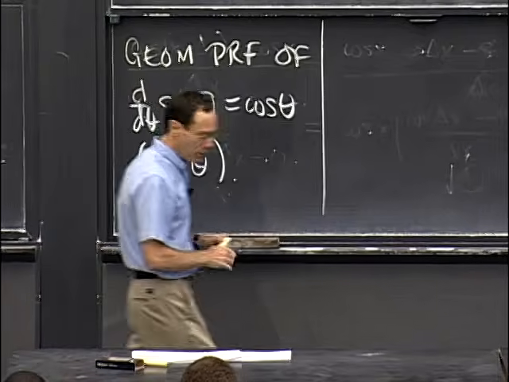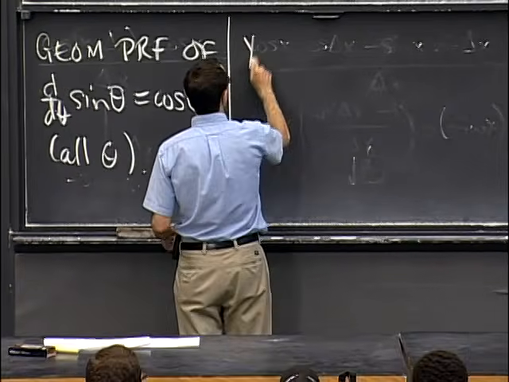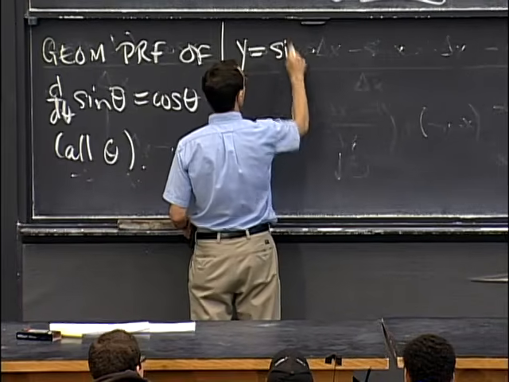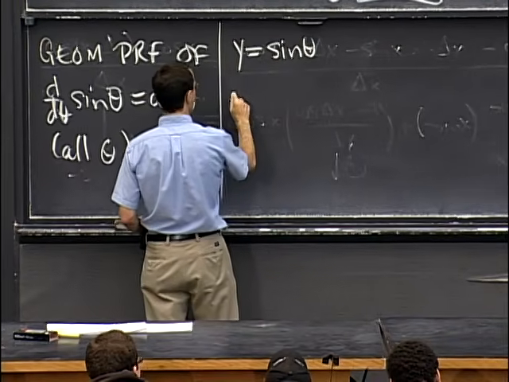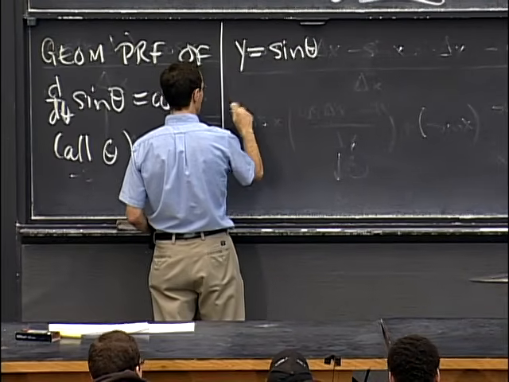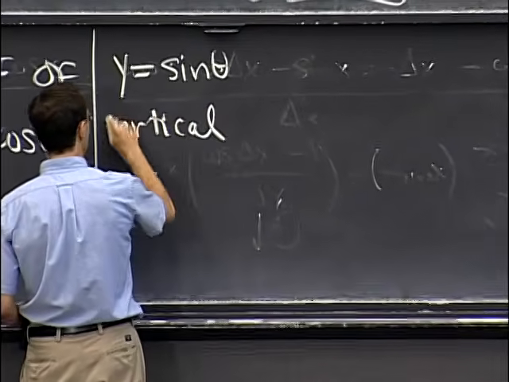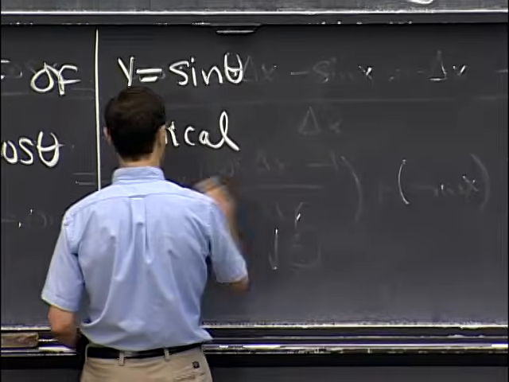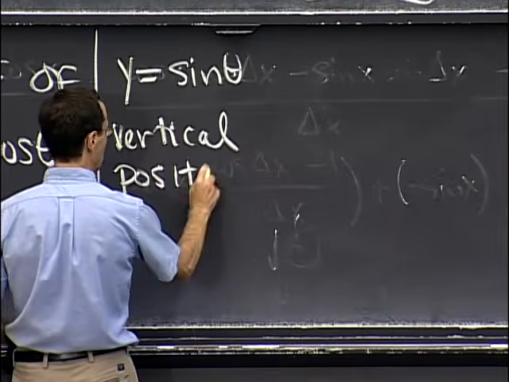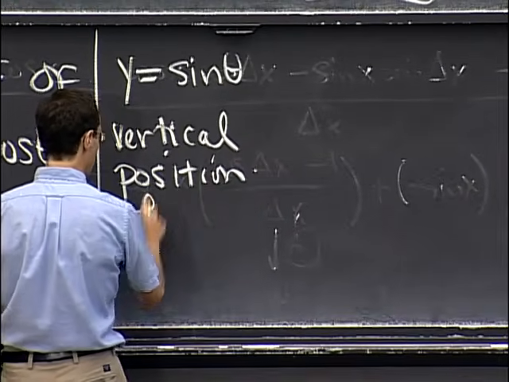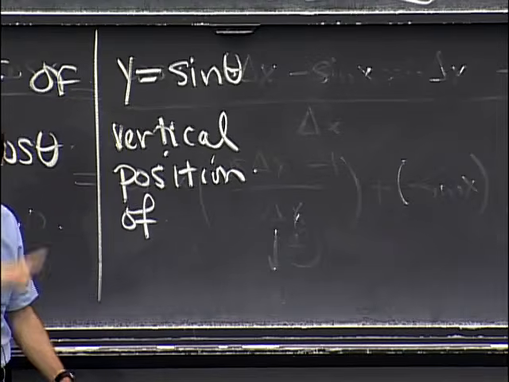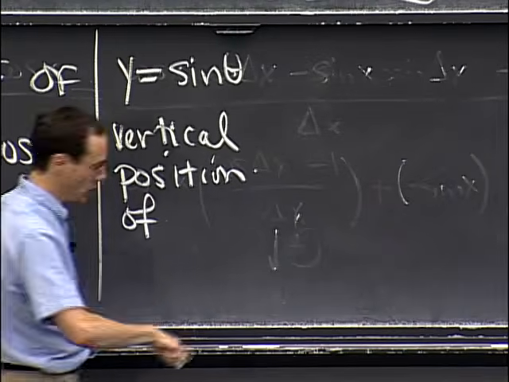The picture is going to describe y, which is sine theta, the vertical position of some circular motion.